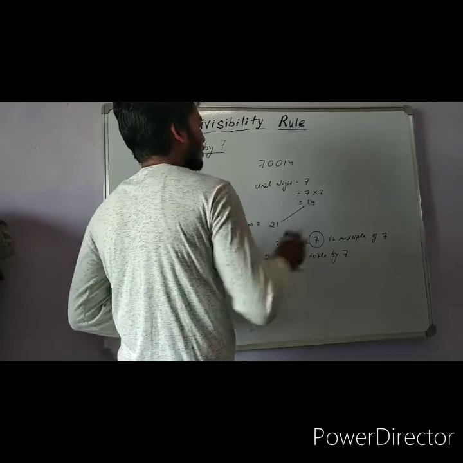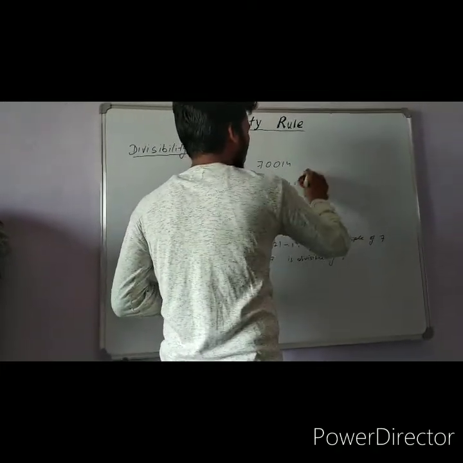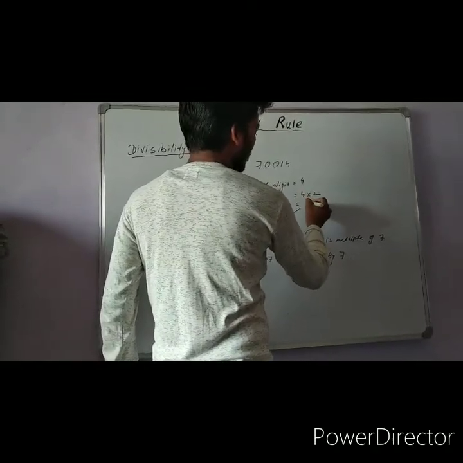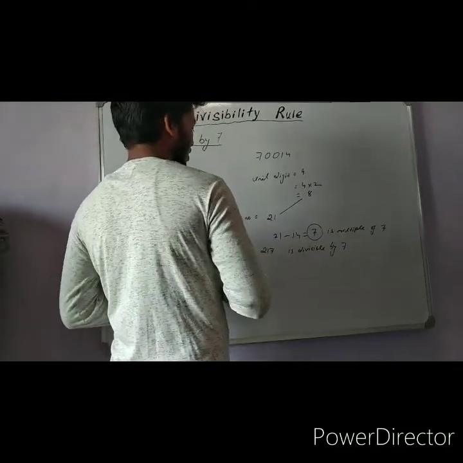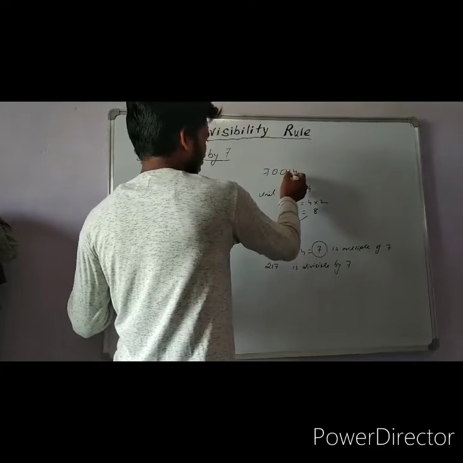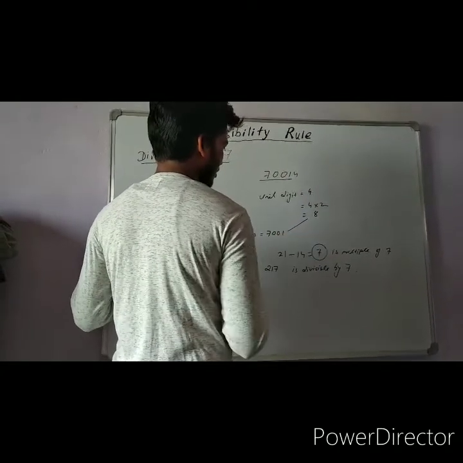Take another example. Here the unit digit is 4. So multiply it by 2. This is 8. Now the rest number is 7001.